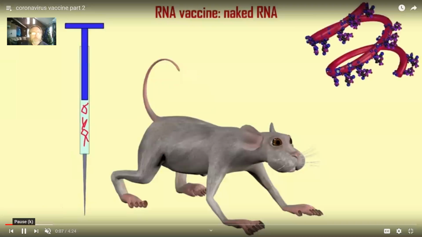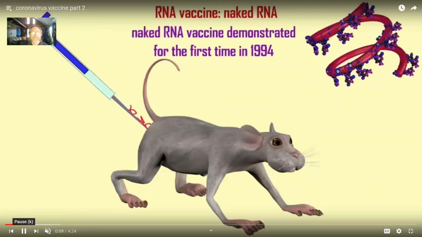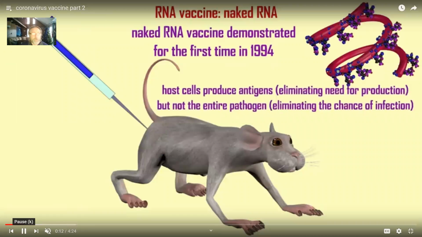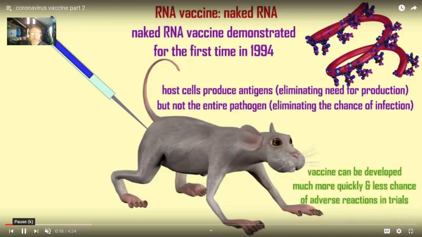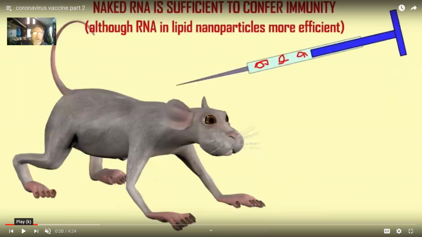The first RNA vaccines demonstrated used what's called naked RNA, just plain old RNA. And that was shown to be effective. Somehow, the red RNA was ending up inside host cells. The host cells were making protein from it.